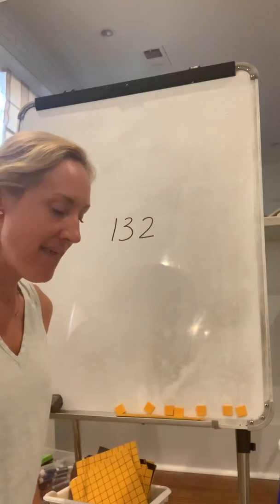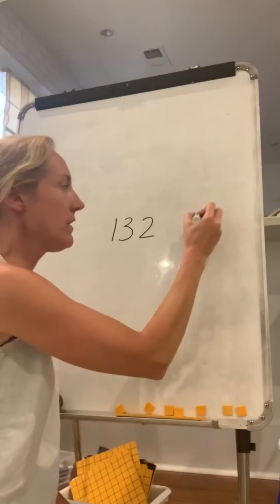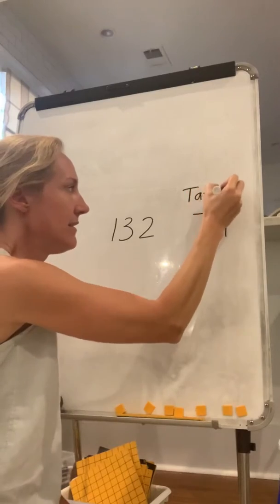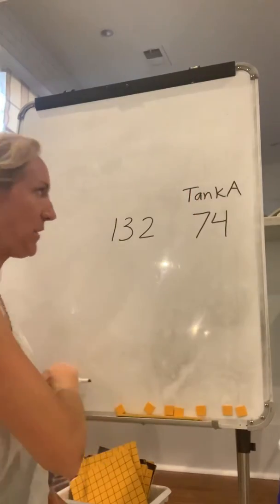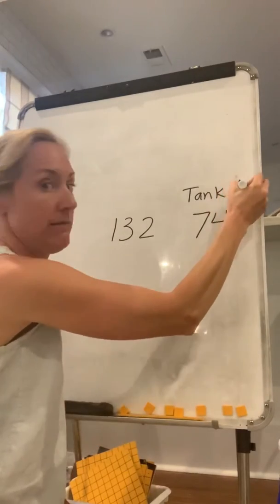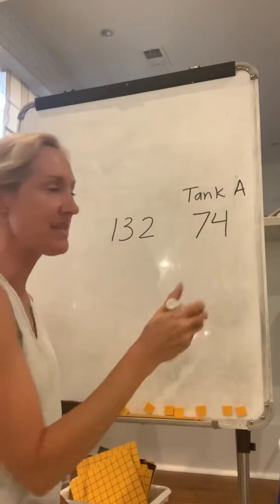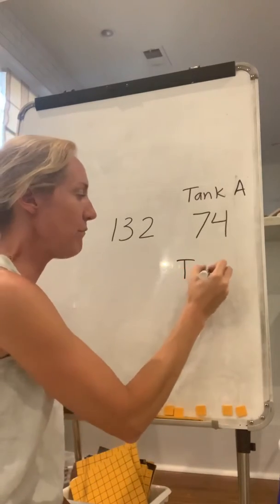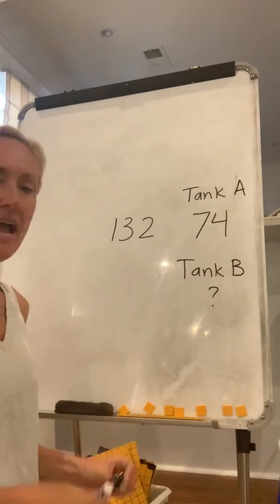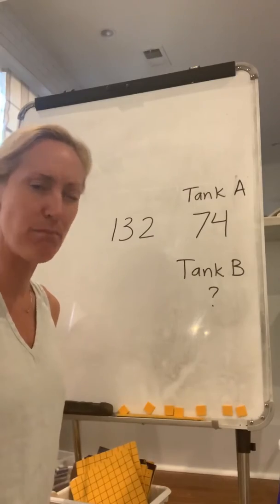And then they decided to put 74 of the fish in tank A. Let me put a little space between that so it doesn't look like tanka. Okay, tank A. Can you see that? And then they decided to put the rest of the fish into tank B. And my question is, how many fish did they put into tank B?